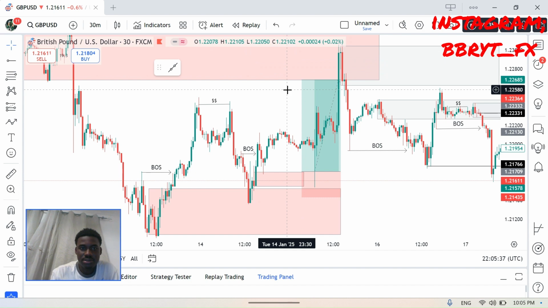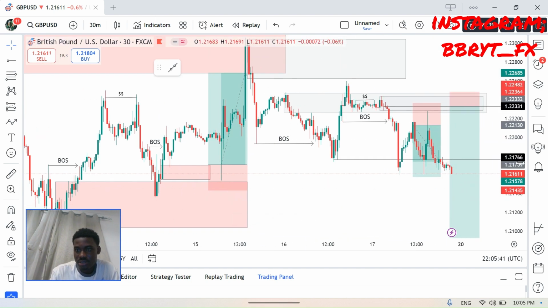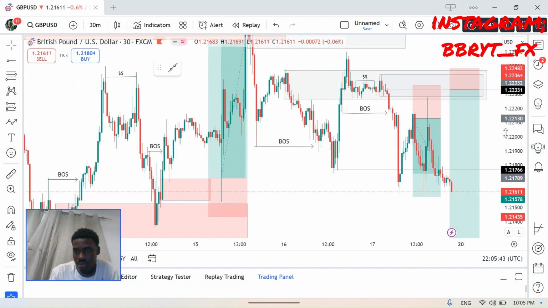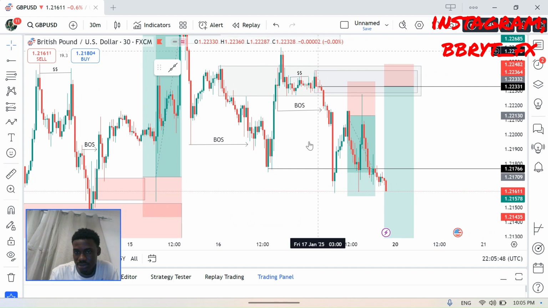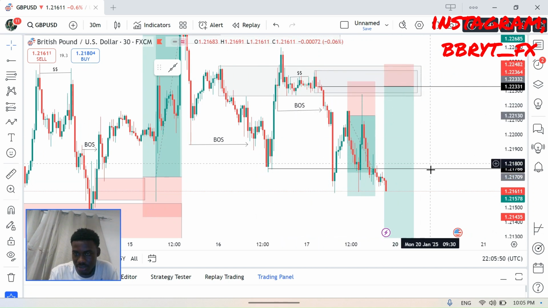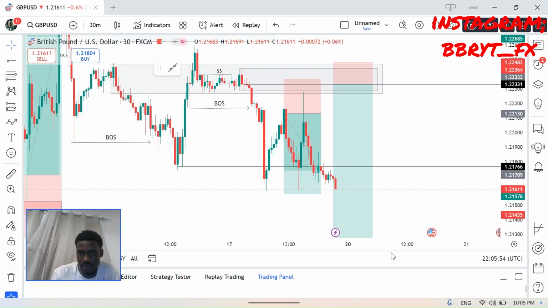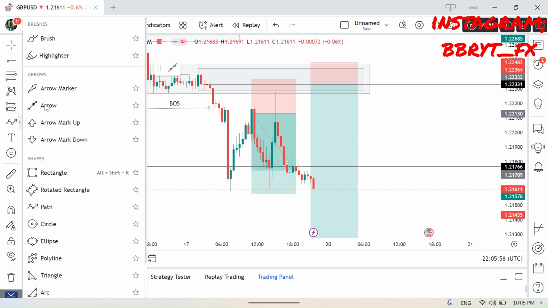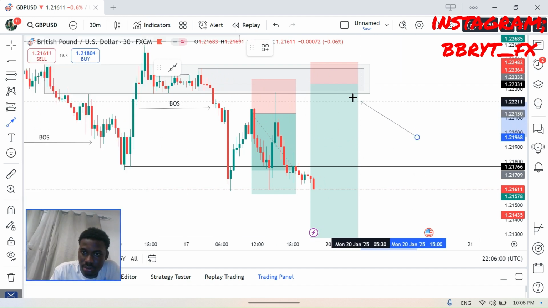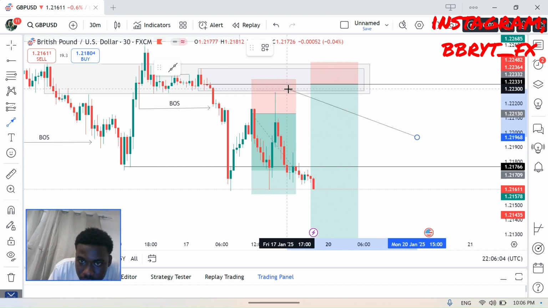And the second trade I took, I didn't really take the trade. This was my entry, but this was just a false entry. This was what I actually placed on my funded account, and price never tapped me in. As you can see, look at this, man. Price failed to.